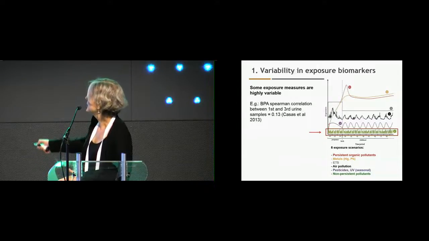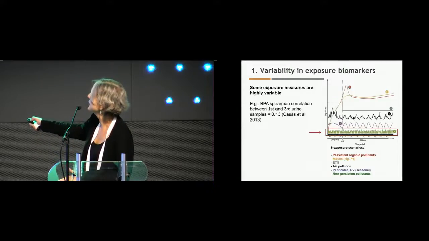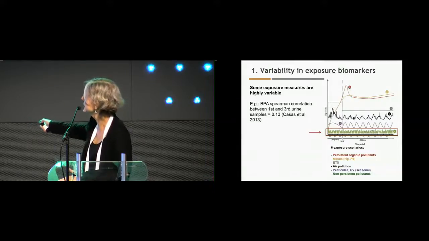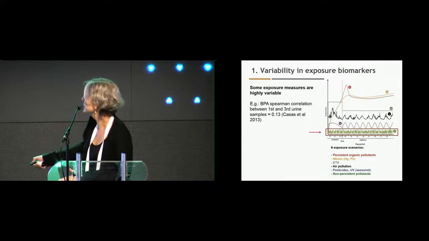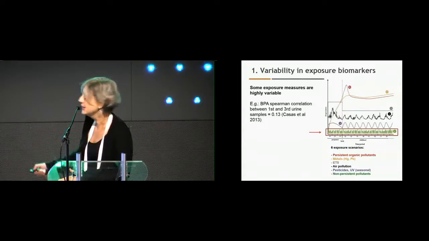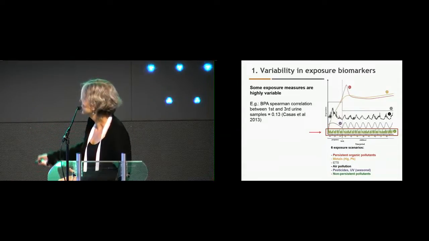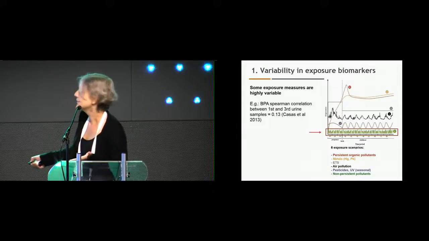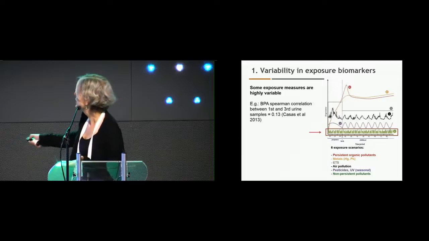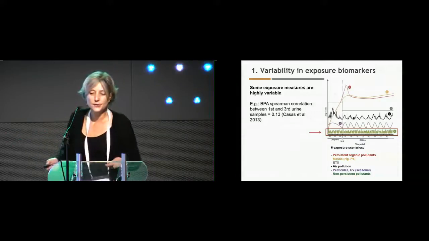For example, in red here, you might envisage the persistent pollutants that go up during the pregnancy and during breastfeeding and then stay fairly stable. You might have a heavy metal exposure during the pregnancy and then again fairly stable. And then you have exposures that might vary a lot seasonally, and you might have exposures, and here we mainly think about non-persistent pollutants that are just variable all the way along at very low doses.